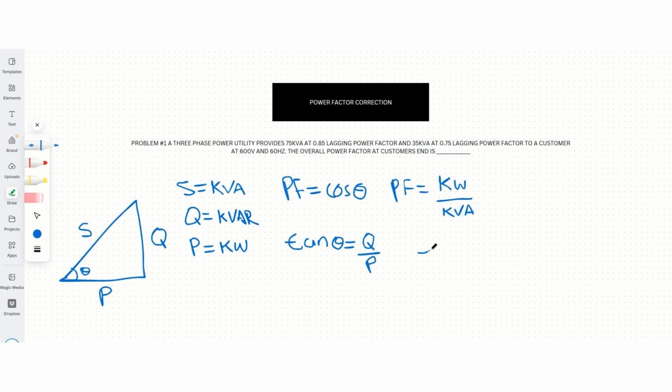And then we also have this formula, which is your apparent power equals real power plus j times your reactive power.